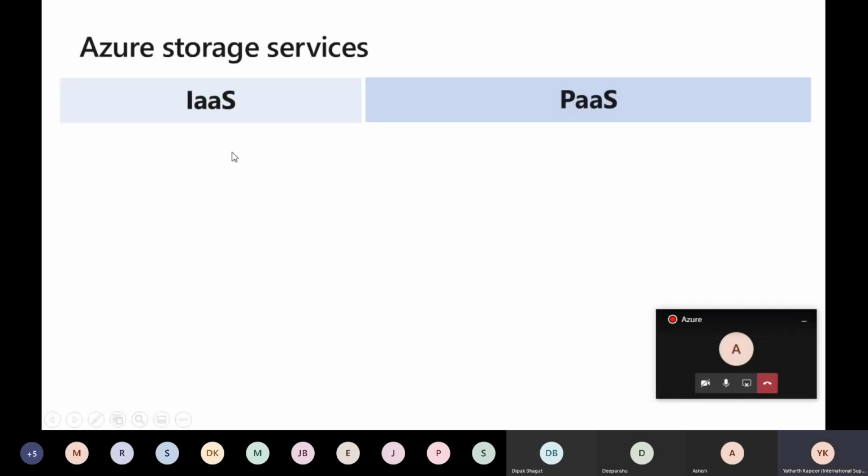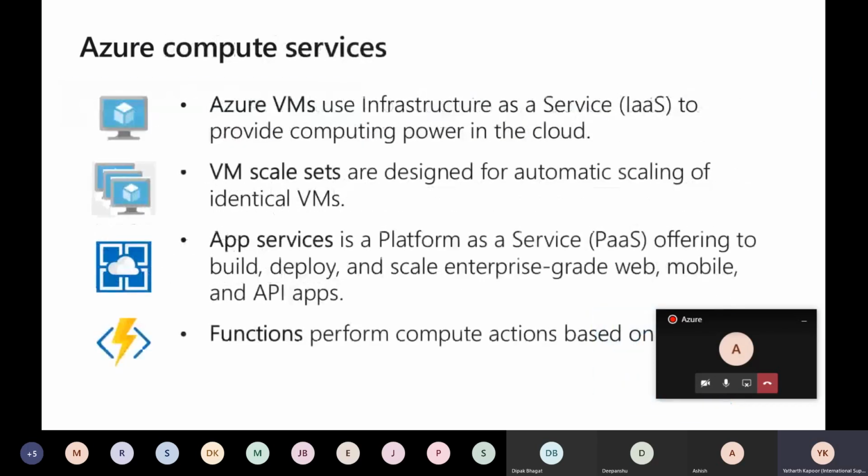So there are certain services that we use for storage as well. And I believe I forgot to tell you guys one thing. When we are talking about Azure VMs and scale sets and app services, we can host any applications, right? But when there is a specific request of the customer, that the customer wants to host an application, or let's leave the application, the customer wants to host a website of their own, right?